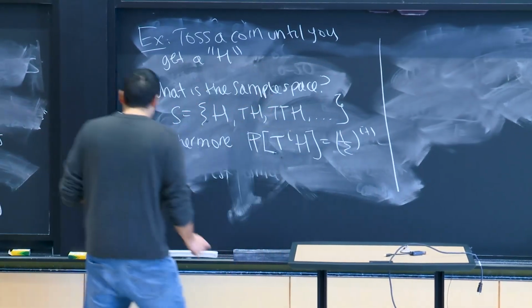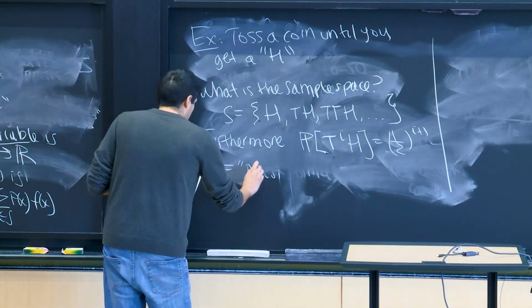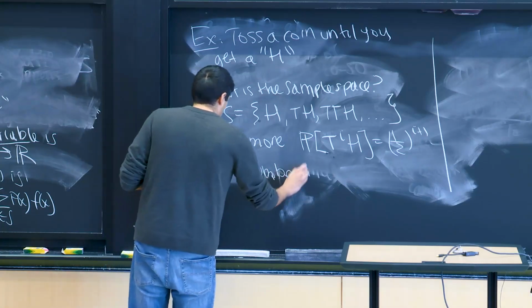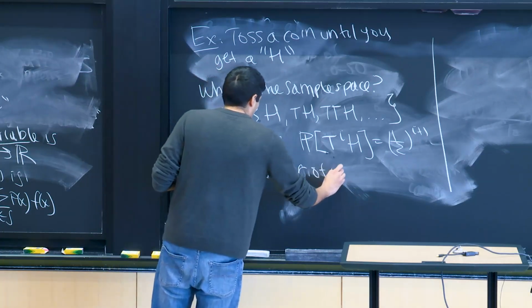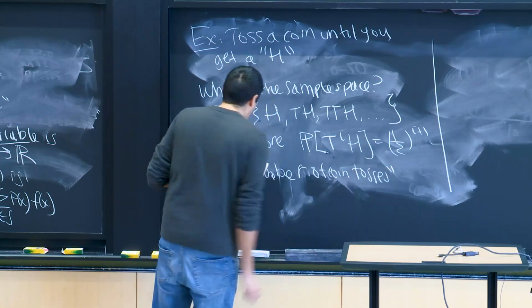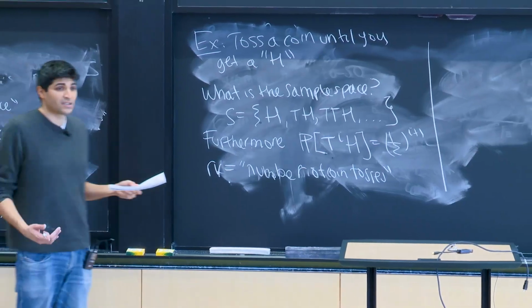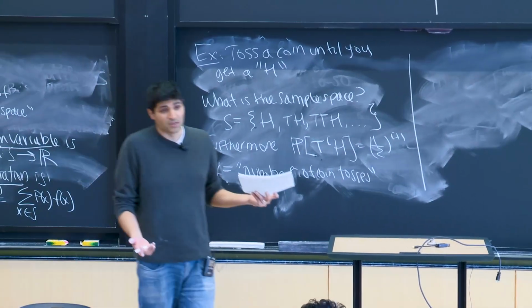So the random variable we'll be interested in will be just the number of coin tosses. Of course, this game in principle could go on forever, but the expected value gives us some baseline of what we expect it to be.